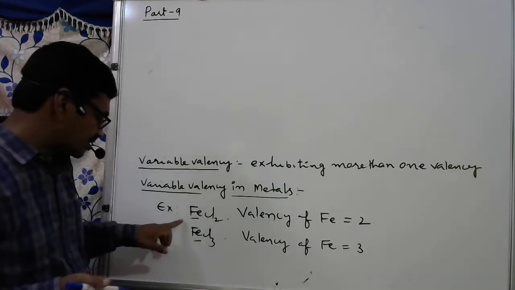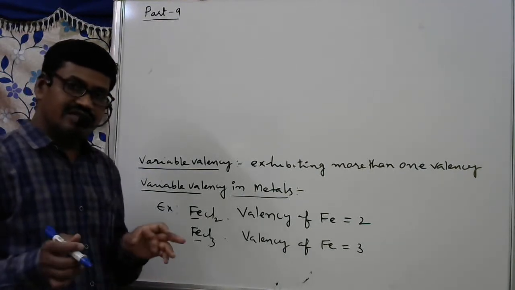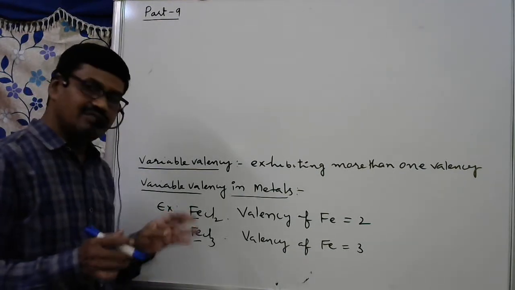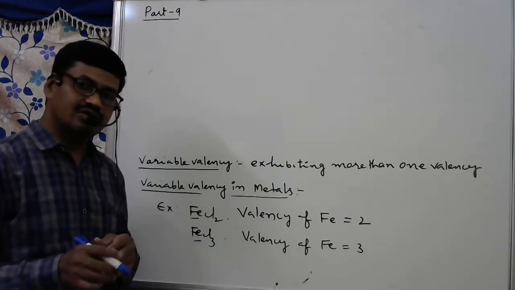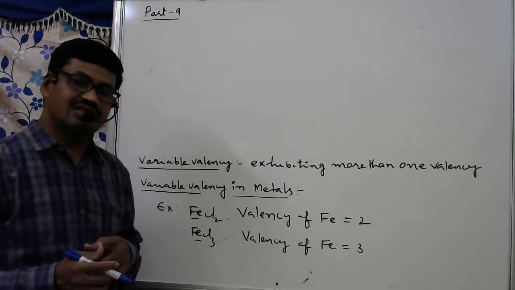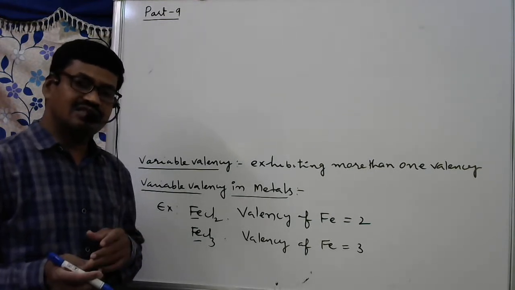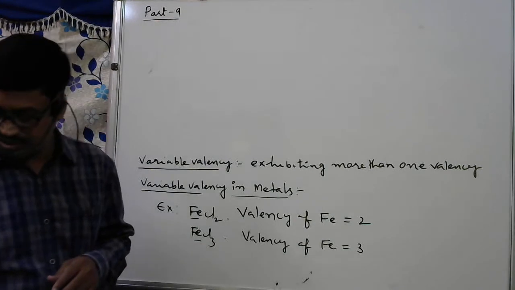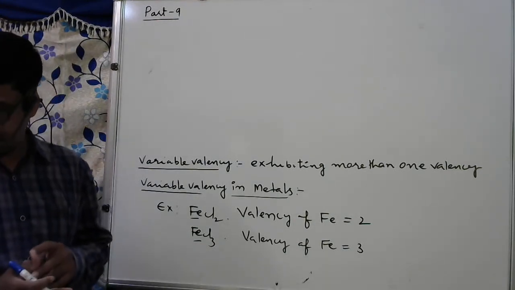This is ferrous chloride. This is ferric chloride. So in comparison, for the same metal in different compounds, if it shows different valencies, among those the lower valency is considered as 'ous', the higher valency is considered as 'ic'. So 'ic' and 'ous', these two terms you have to remember.